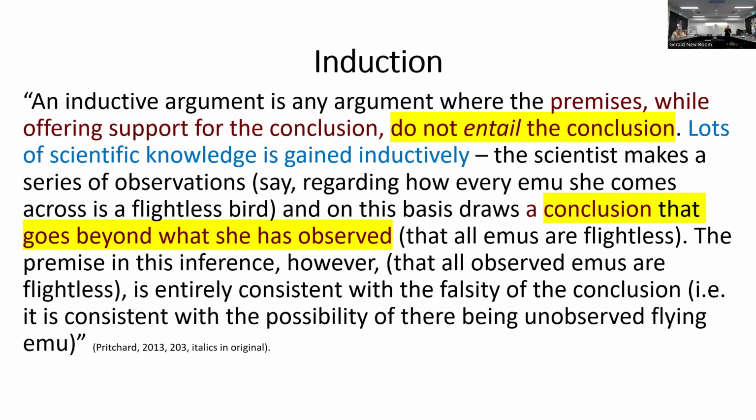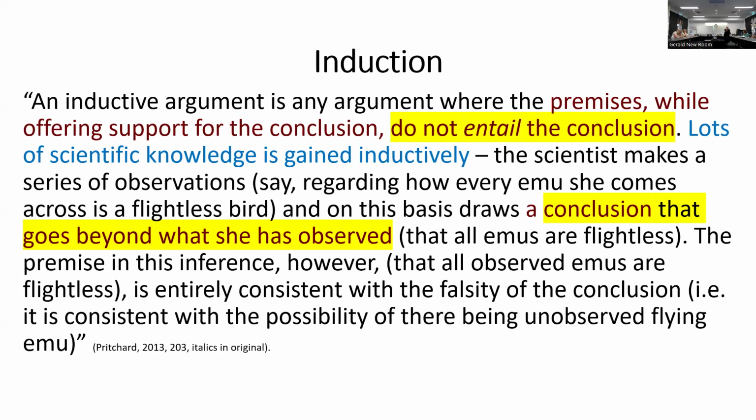Lots of scientific knowledge is gained inductively. Scientists make a series of observations, say, that every emu the scientists come across is a flightless bird. On this basis, they draw a conclusion which goes beyond the observation, that all emus are flightless.